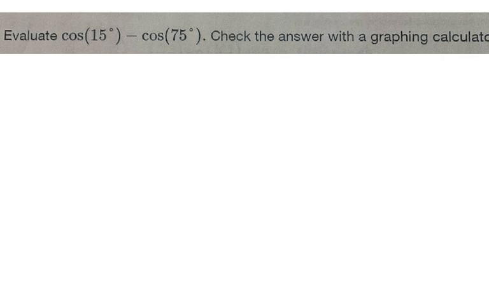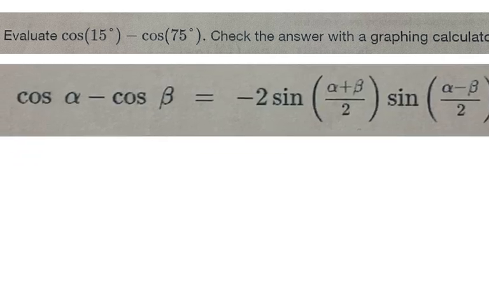So we get cosine of 15 minus cosine of 75. So I'm going to choose the third formula, which means 15 is my alpha, 75 is my beta.